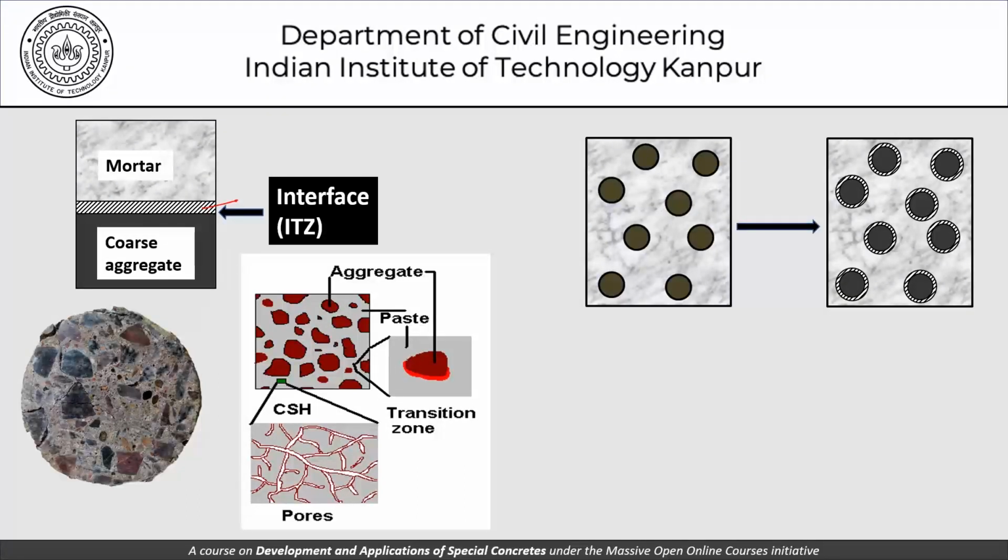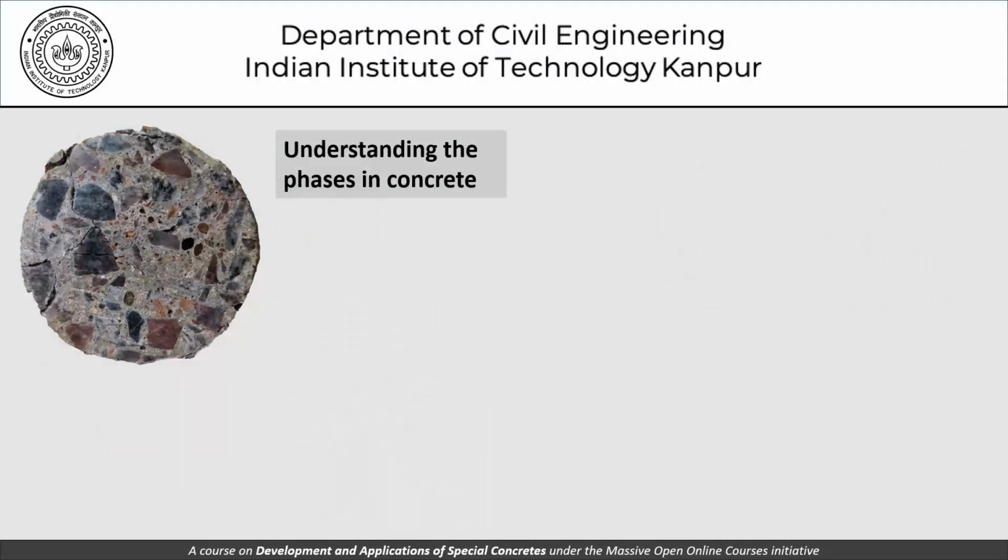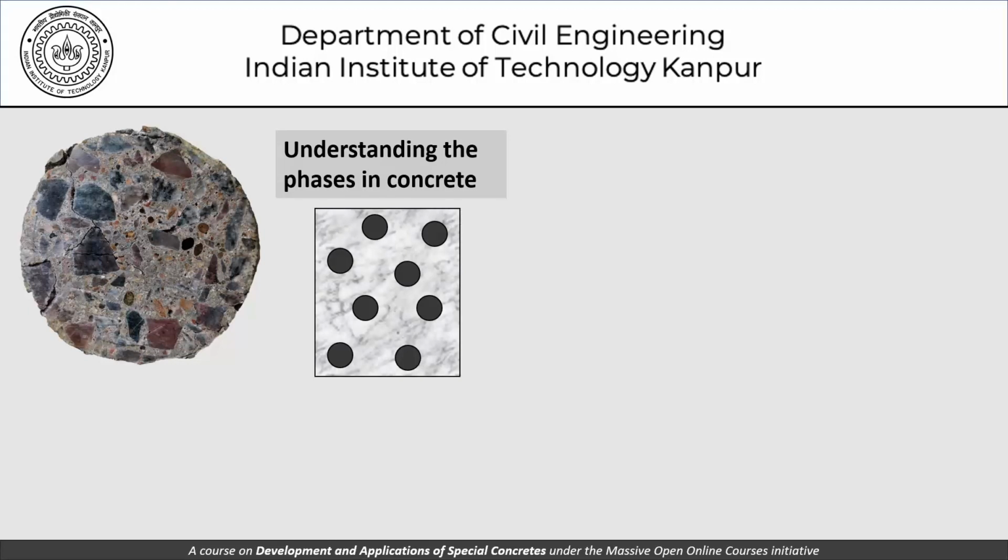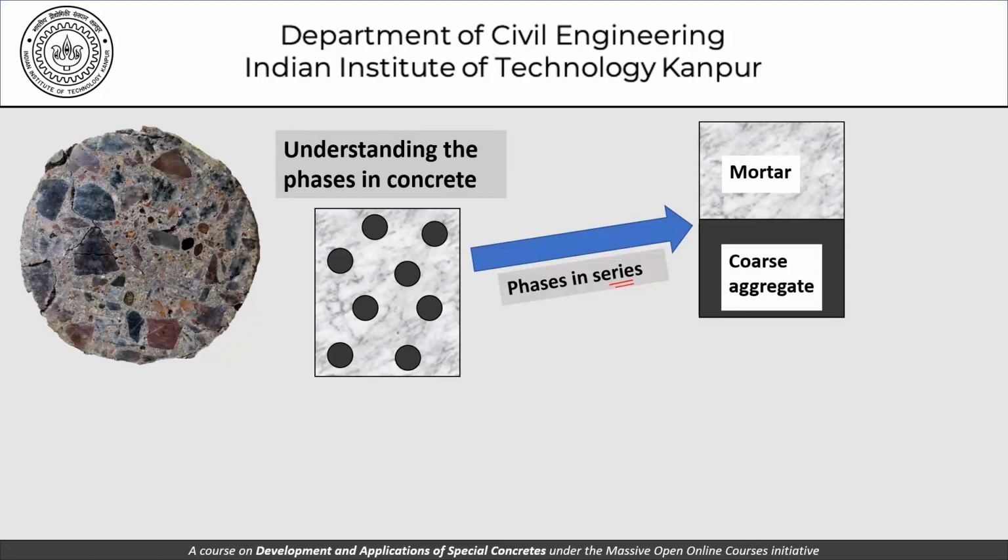And now let's try to understand the phases. If we try to divide this discussion into phases, we can talk of the phases in series. What the series part of it means will come in a minute. So here we have mortar and coarse aggregate aligned like this. When it comes to parallel, we can talk of mortar and coarse aggregate aligned like this.